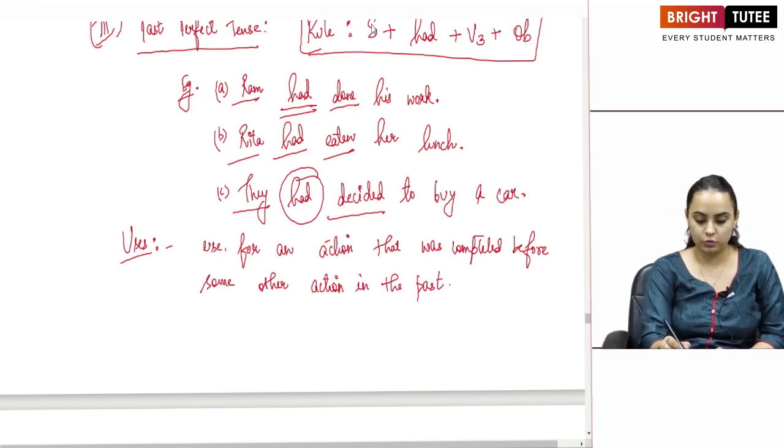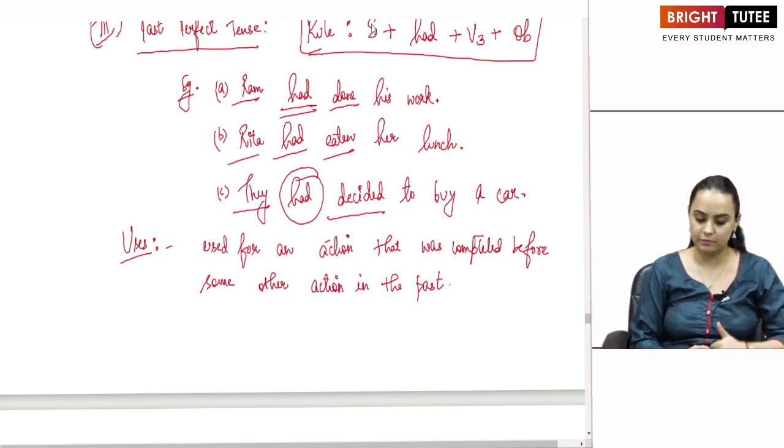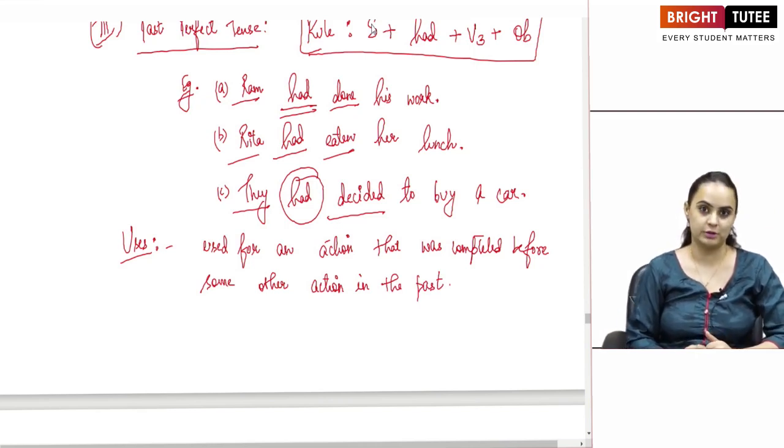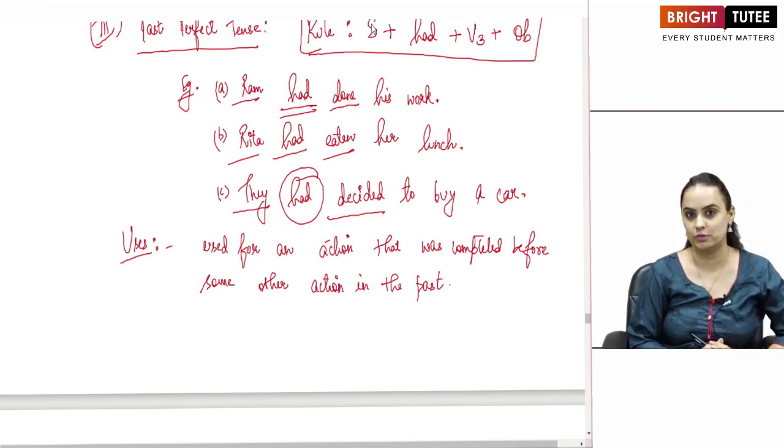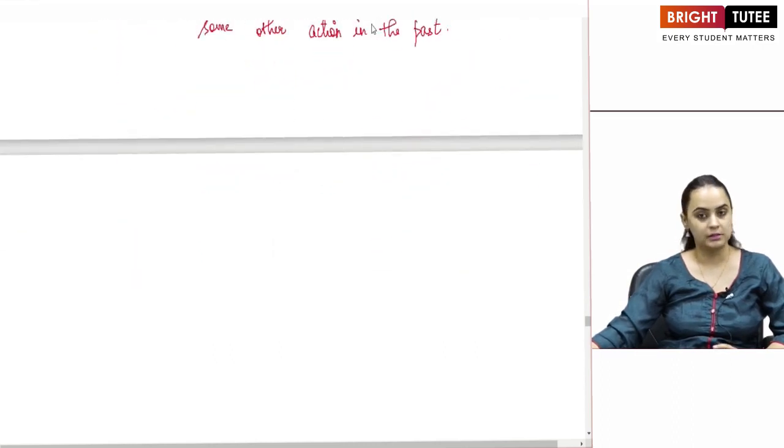So it is used for some action which was completed before some other action in the past. There was some other action which took place and this action got completed at that time. So that is when we use the past perfect tense.